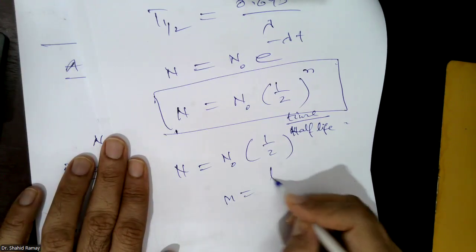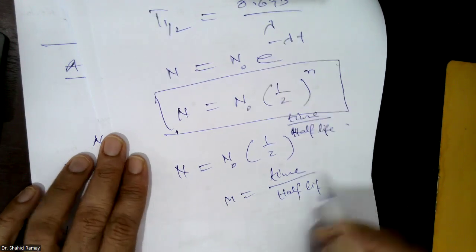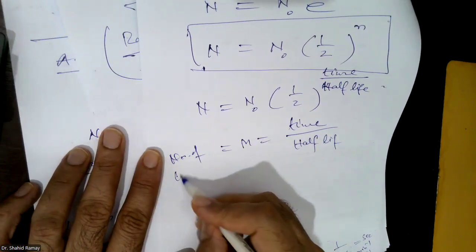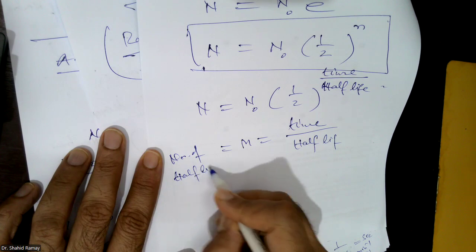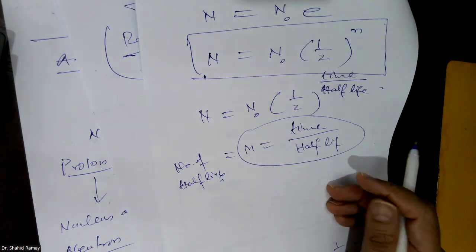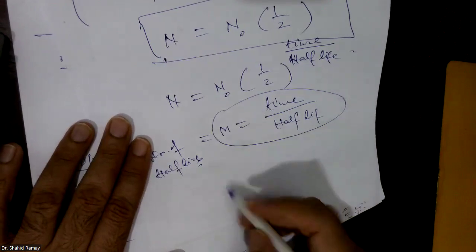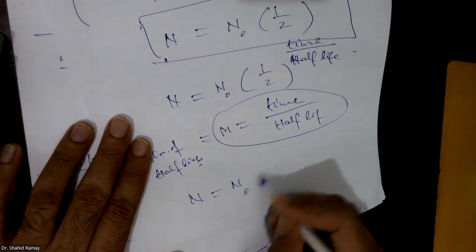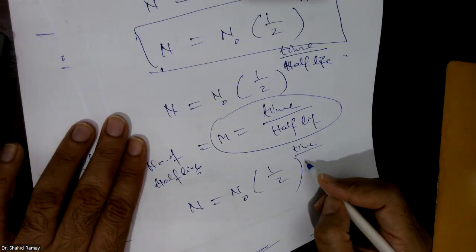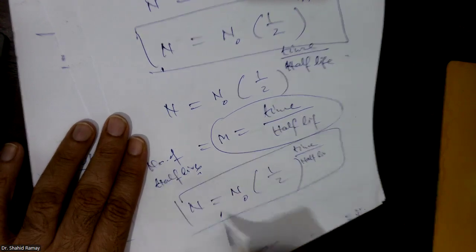So n is equal to time over half-life. It means n is the number of half-lives. So this is very important, and you can solve any problem with this formula. I hope that N is equal to N naught into 1 by 2 raised to n, time over half-life. So remember this one.